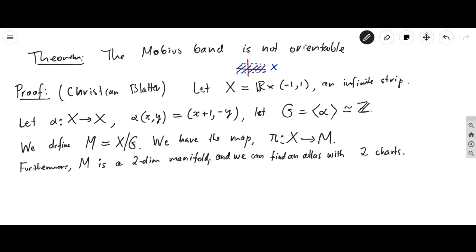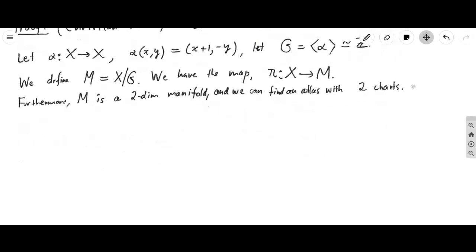I'm going to show you how to do it, but I'm also going to make a homework problem based on this, where you'll have to check something. On the homework, you will check that it's actually a smooth atlas. It's not difficult, but this is the way you do it.